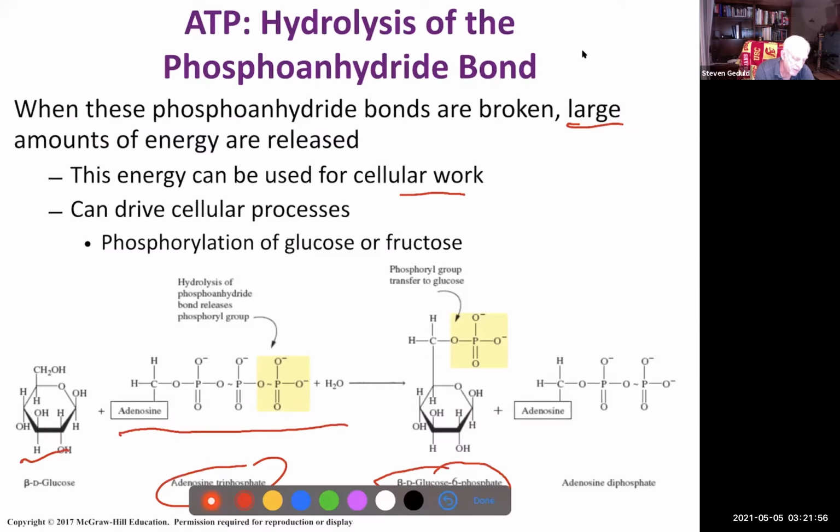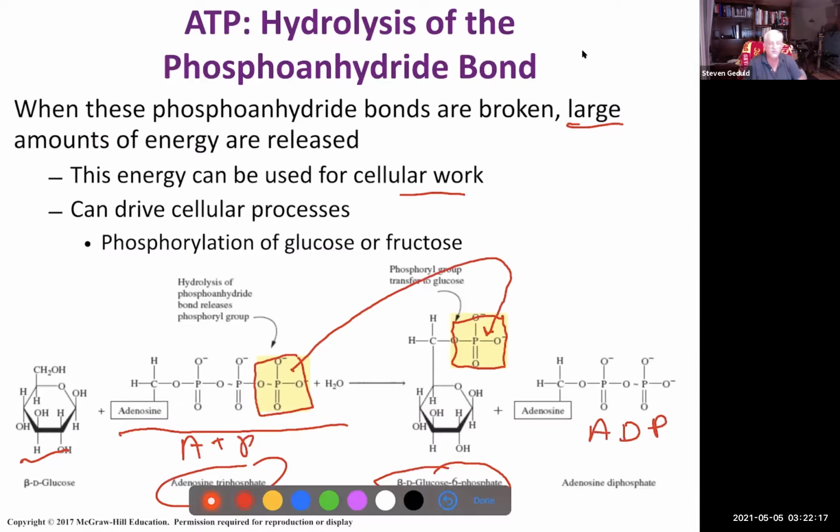So we took one of the phosphate groups and put it onto the glucose molecule. So we have adenosine diphosphate, ADP. We have ATP, and we took this phosphate group and transferred that group onto the glucose molecule. We phosphorylated the glucose molecule. Now we can use the glucose molecule in the Krebs cycle and start the breakdown process of it.